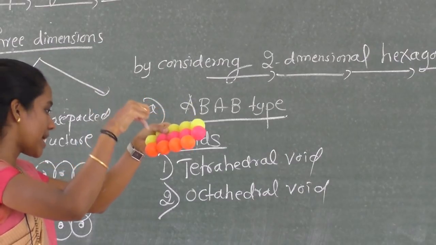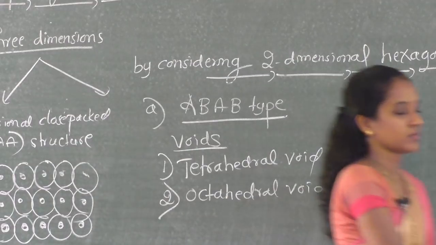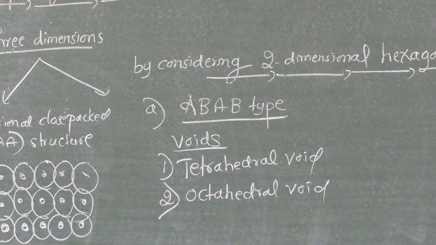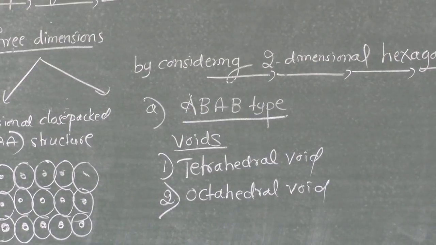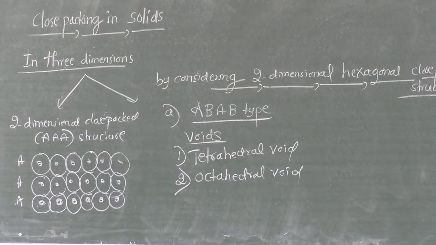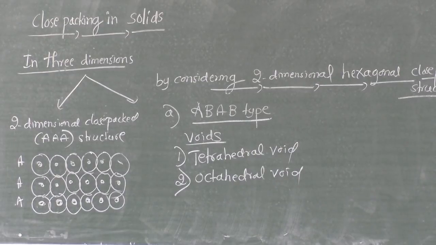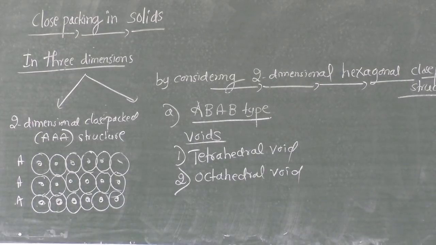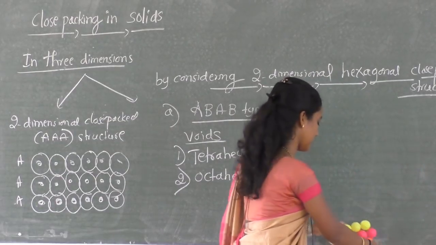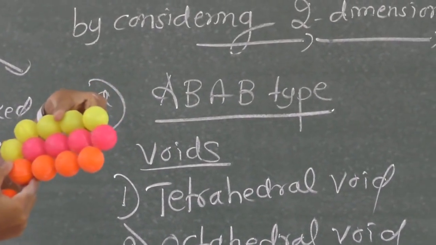Now, if I keep one particle in the depression, so this is two-dimensional hexagonal close packing.